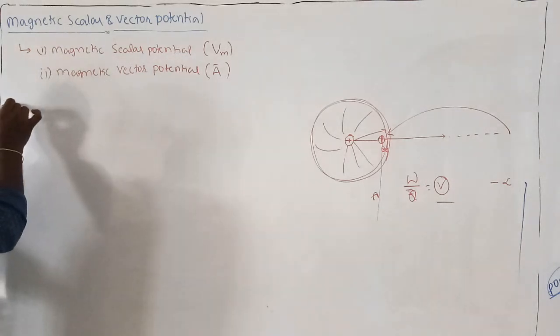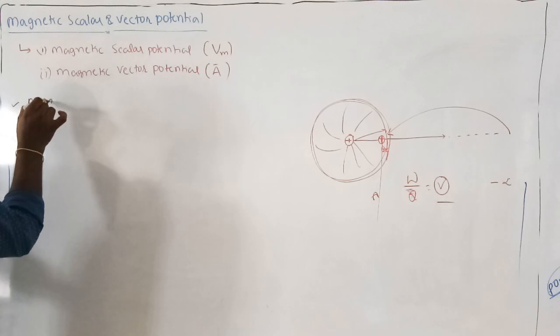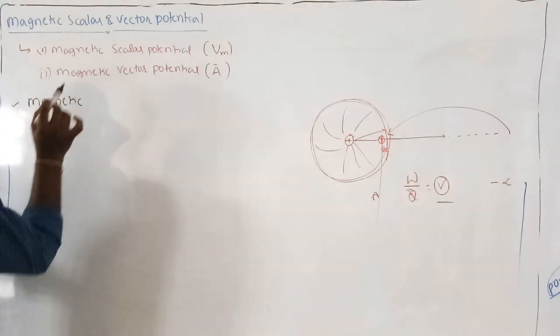Now we will see one by one how to define these two concepts. First of all, I would like to define the magnetic scalar potential.